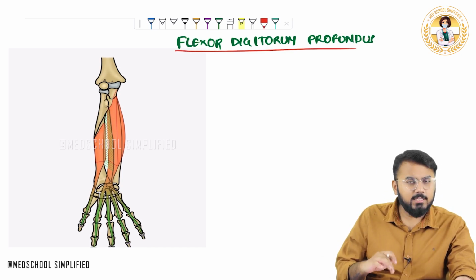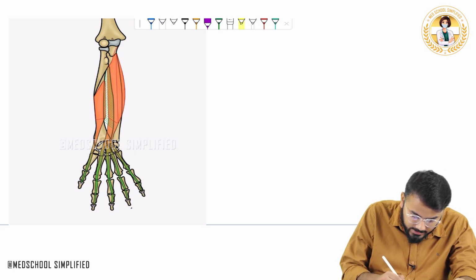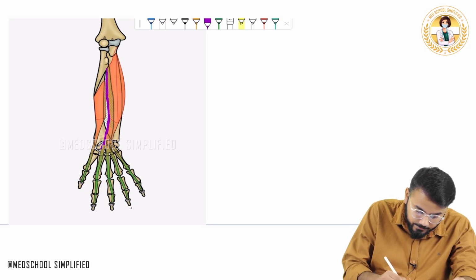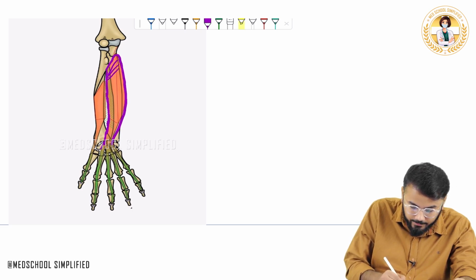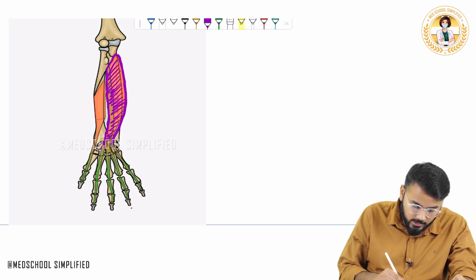Now look at this muscle very carefully, guys. This one over here is the muscle. And how many tendons does this muscle have? 4 tendons. 1, 2, 3 and 4.